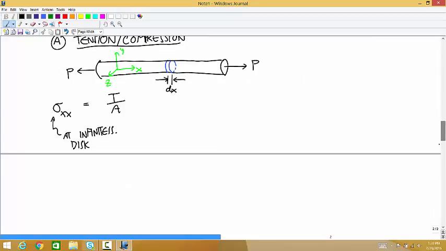And then if we wanted to calculate the deformation along the x-axis of that disk, the strain at that disk, epsilon XX, is equal to sigma XX over E, which is T over EA.